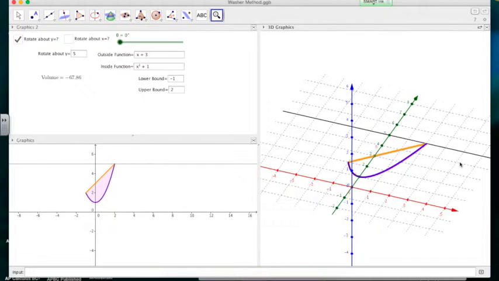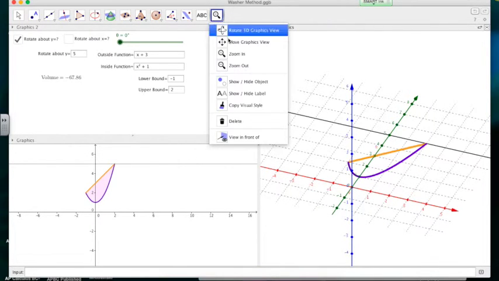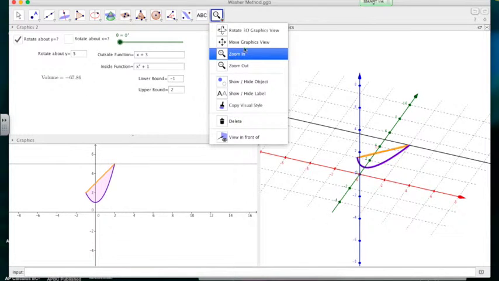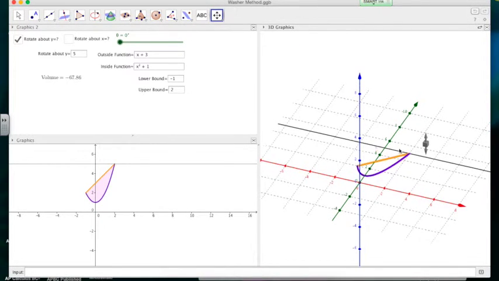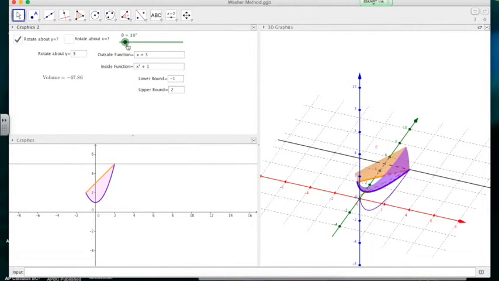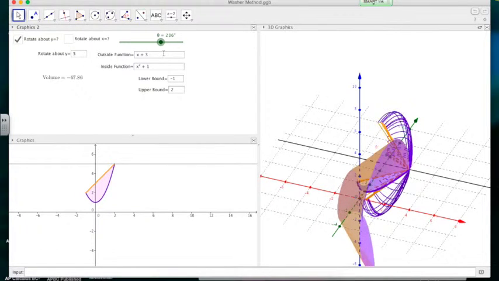So as we flip it that way, I think I might need to zoom out first, just a little bit. And I think I might need to move this down a little bit, just to fill a space. As I rotate it about that axis, oh, shoot. My program's not working right. Bummer.